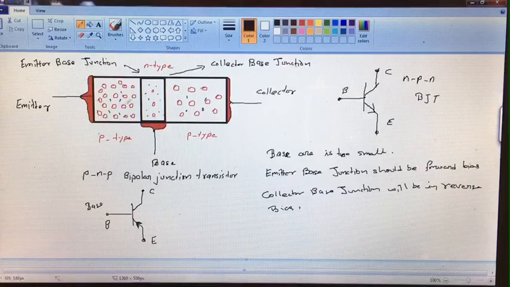That's why we apply forward bias to this region and reverse bias to this region.